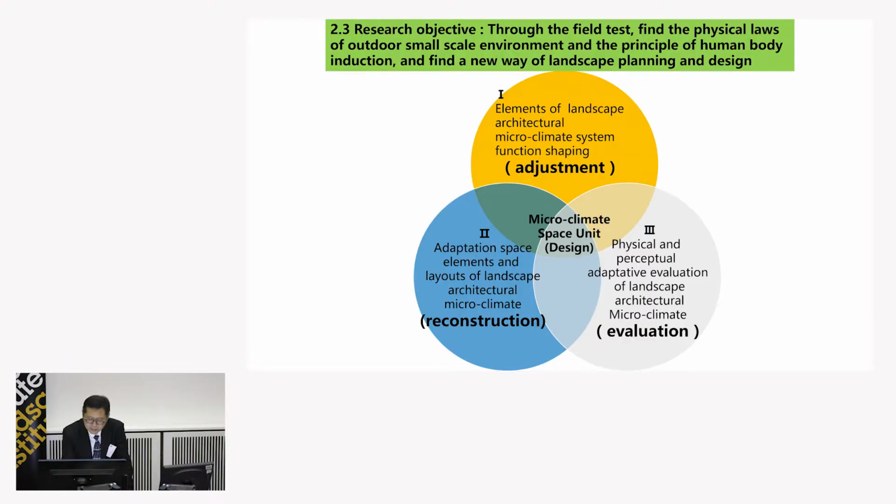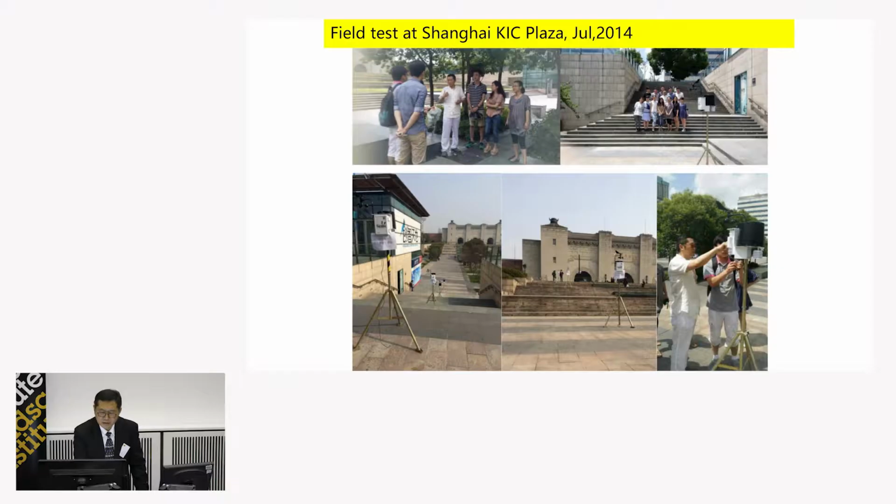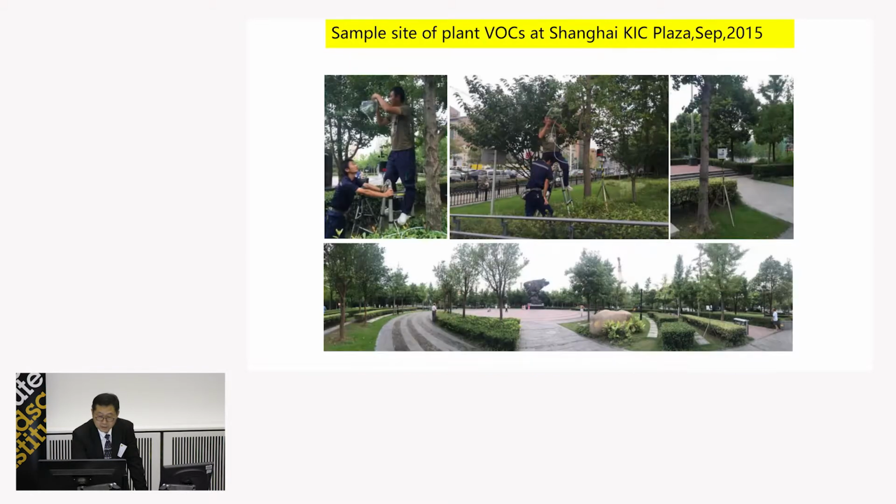And the third one is really dealing with the feelings of people. It's an evaluation of physical and perceptual adaptive evaluation of landscape architecture microclimate. So this is the on-site test. So far, we have spent 3 years on this.